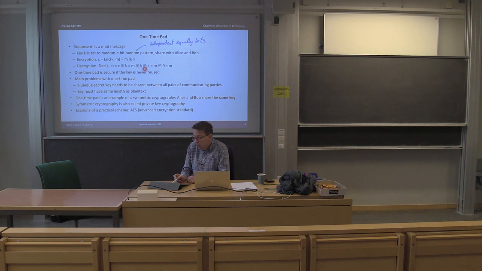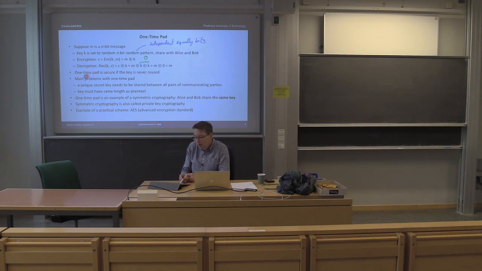So m plus k plus k, k plus k is equal to 0, I mean, it's XOR, right? So all the ones become 0. So it's m plus 0, and m plus 0 is m. So this works. Encoding, decoding is super, super simple.